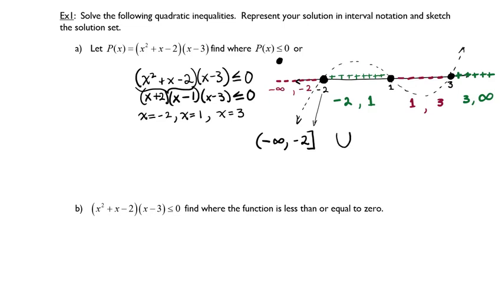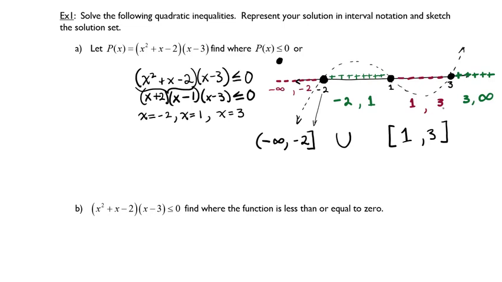I'll put a union because there's a gap here where the curve is positive. I'll put a bracket because now it's less than or equal to again from 1 to 3. Another bracket. And since the curve continues off into positive territory to the right of 3, I stop here because we're only looking for values of the curve that are less than or equal to 0.